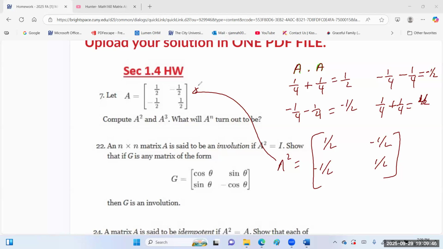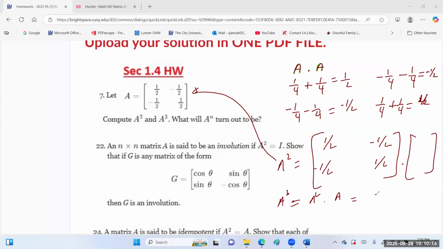So A square is same as A. Now, if you want to find A cube, it means you take this A square and you multiply by A. But you already did that. We already multiplied A with A and we found the same matrix. So can you guess what would be A cube? It's the same matrix.